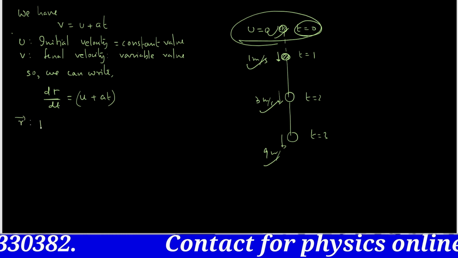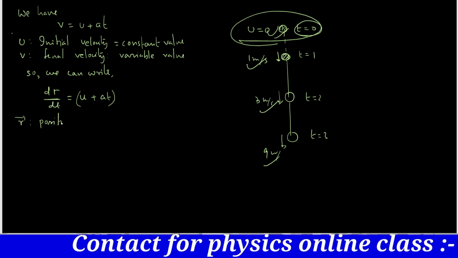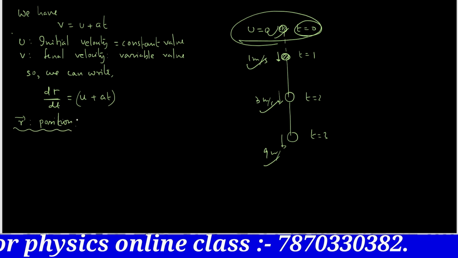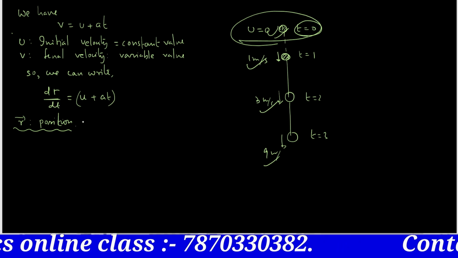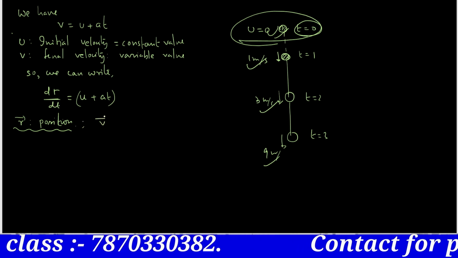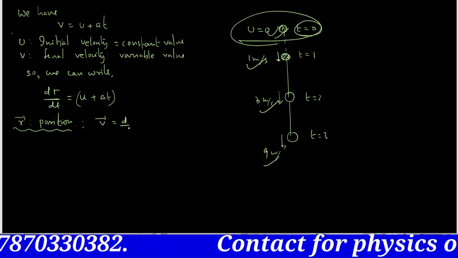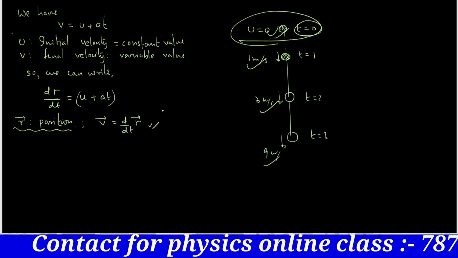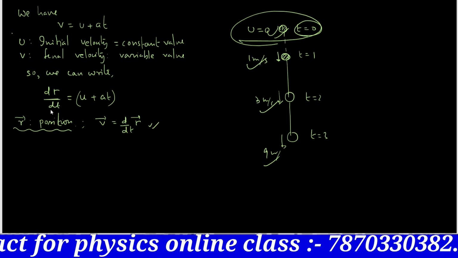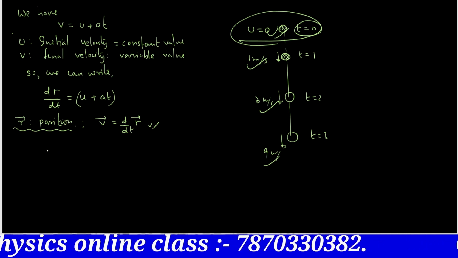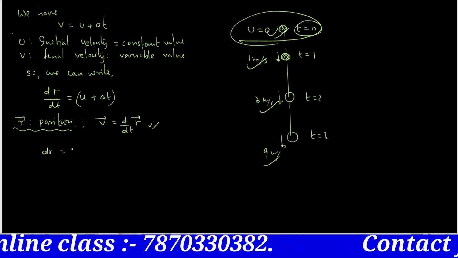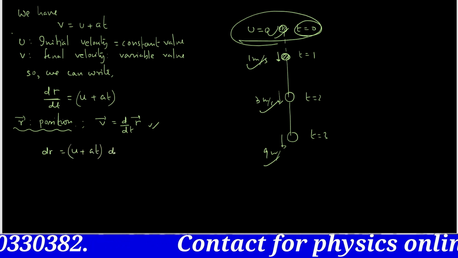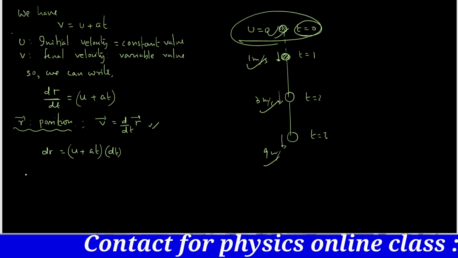This is because, as we know from the definition of velocity, v equals d upon dt of r vector. Any problem, Mohammed? No, understood. So that's why dr will be equal to u plus at, multiplied by dt.